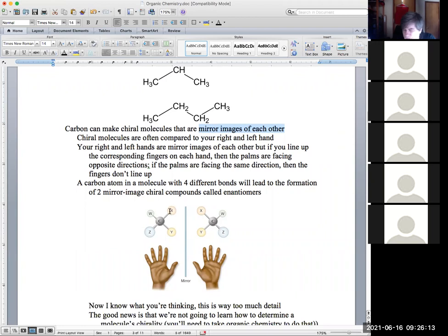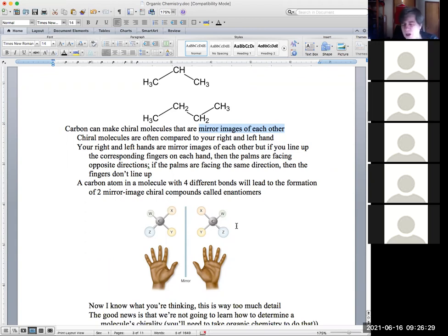So notice we have X on the top, closest to our mirror in the middle. Then we have W on the top, furthest away from the mirror. We have Z on the bottom, furthest away from the mirror. And we have Y on the bottom, furthest away from the mirror.